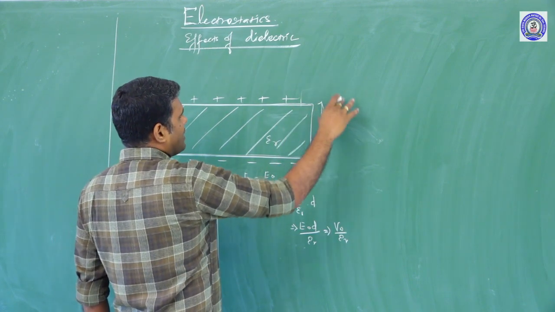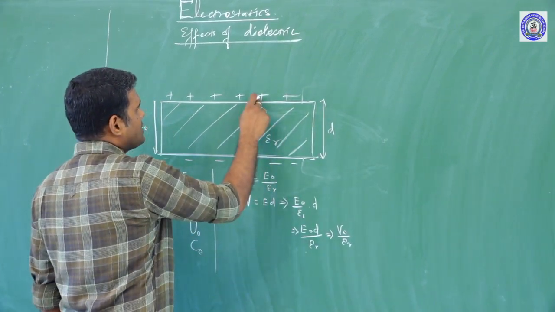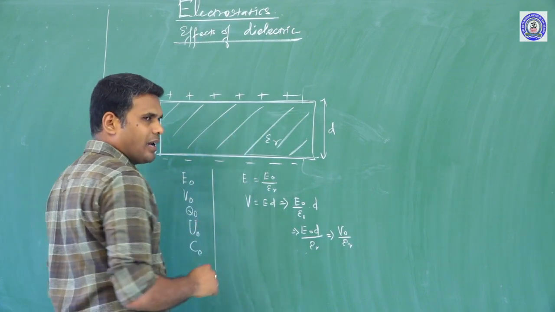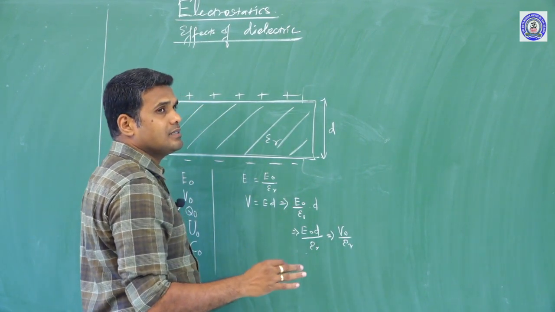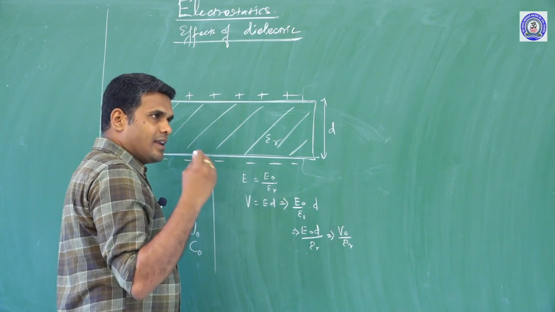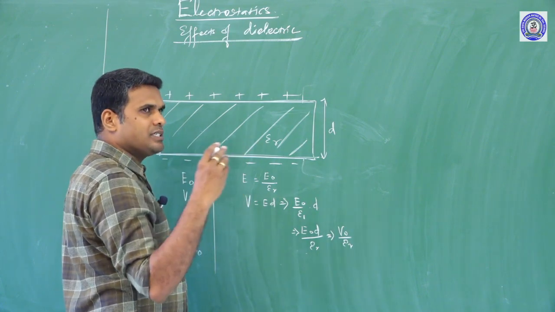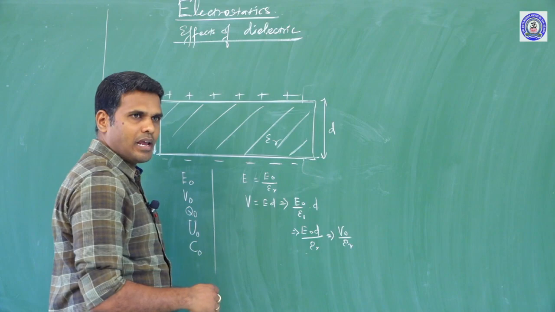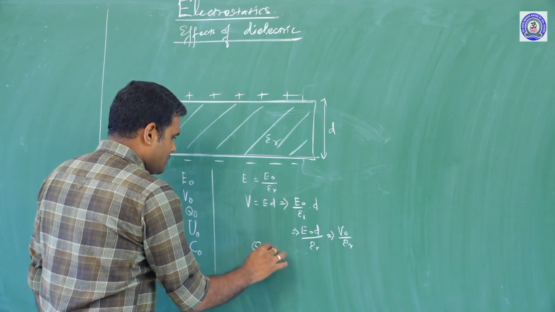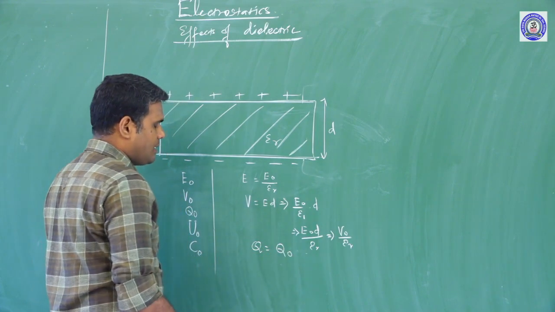Since the battery is disconnected, the charges given to the plates of the parallel plate capacitor remain unchanged, because there is no external agency to push charges onto the plates. So the charge will be the same, Q naught.